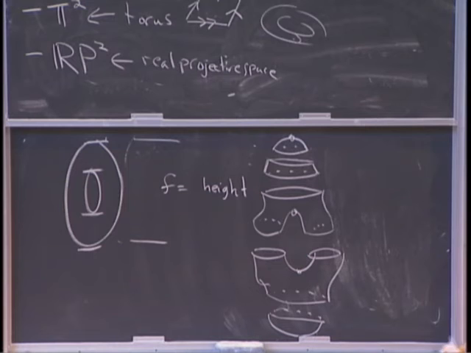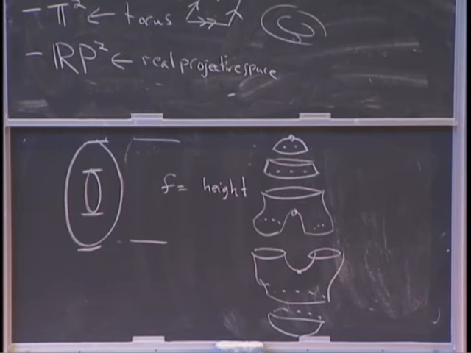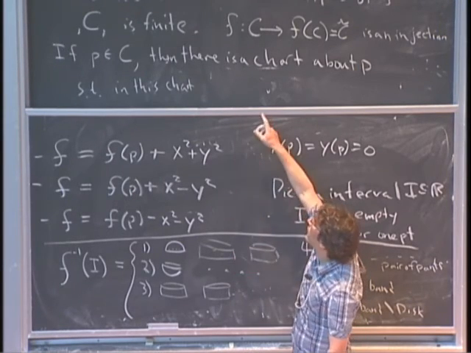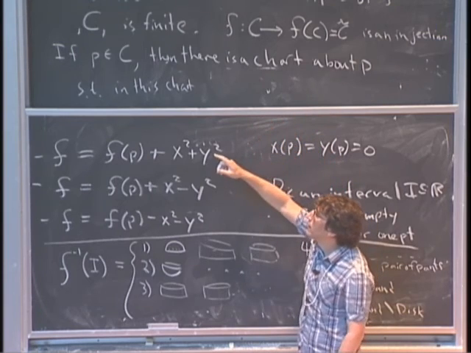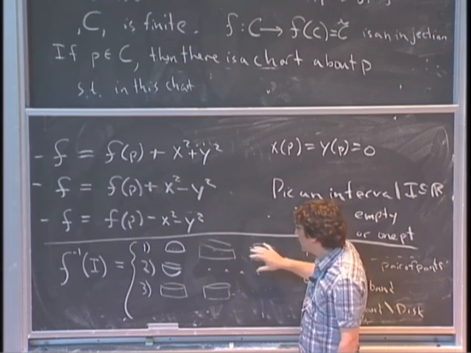Sorry? So for the first three, remember, at any critical value, you could have a lot of disjoint components. The point is, by our assumption, there's only one critical point for each critical value. So maybe this is confusing.